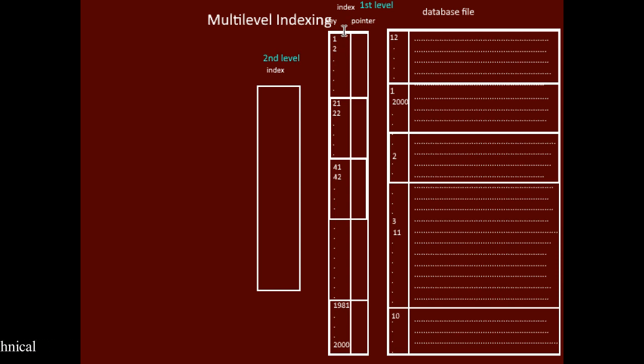We know that the index file will always be sorted on the key value. Now the key value is unique for every index record too. Then it's possible to create a primary sparse index for this file using the block anchor method. So from each block of the first level index, only one entry goes to the second level index.